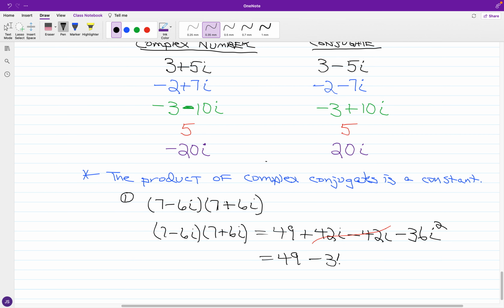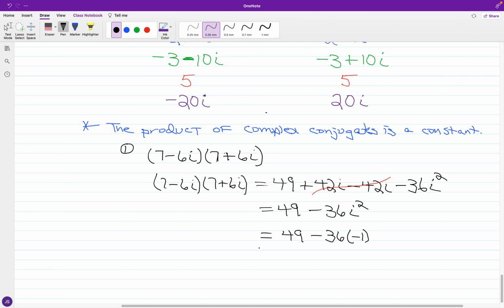So now you've got 49 minus 36i squared, and just as a reminder, again, i squared is negative 1. So here we're going to have 49, negative 36 times negative 1 becomes positive 36. And 49 plus 36 comes out to 85.